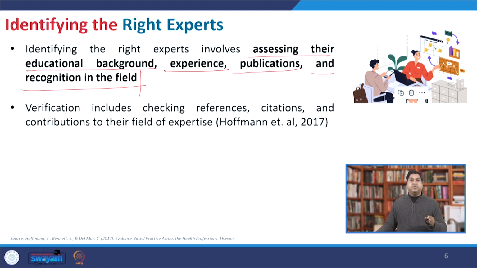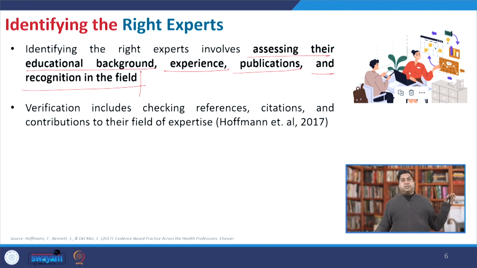Even if somebody has worked 20 years in the field without certain publications, it is worth it, because they have ground knowledge and field experience. In many cases, academicians doing theoretical research may lack some understanding of the practical aspects of the phenomena.